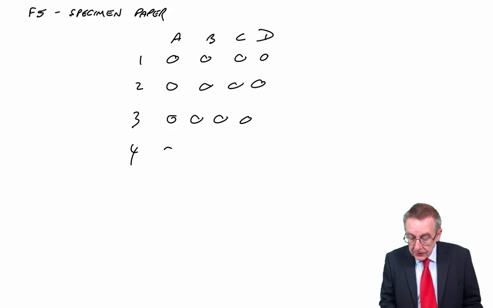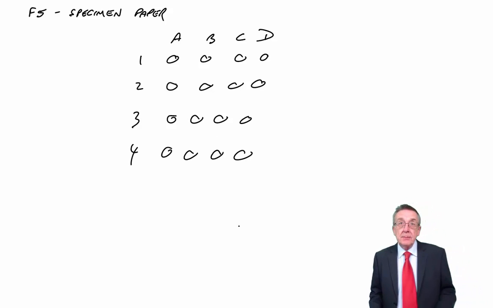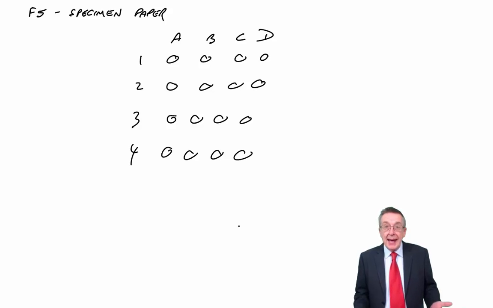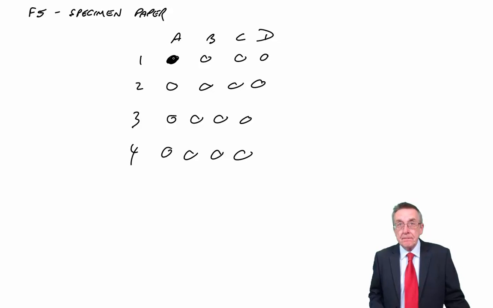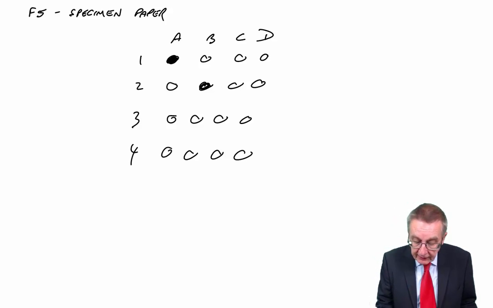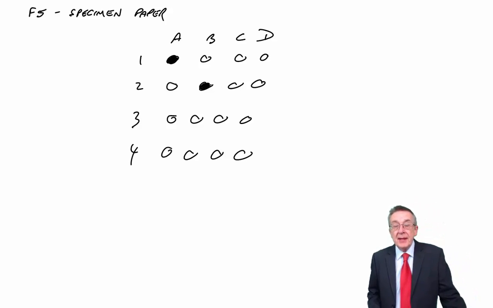And the way you use it, if you think the answer to number 1 is, for example, A, you shade in the blob, it's got to be in black ink.